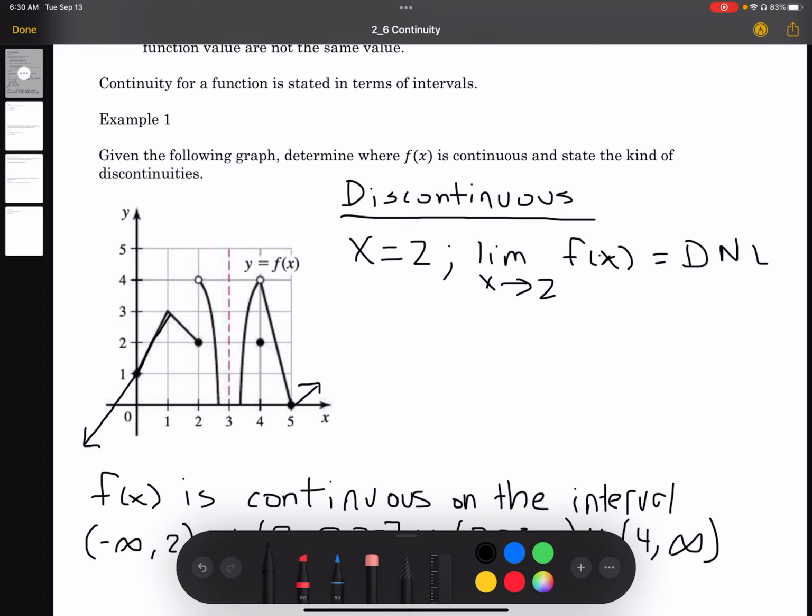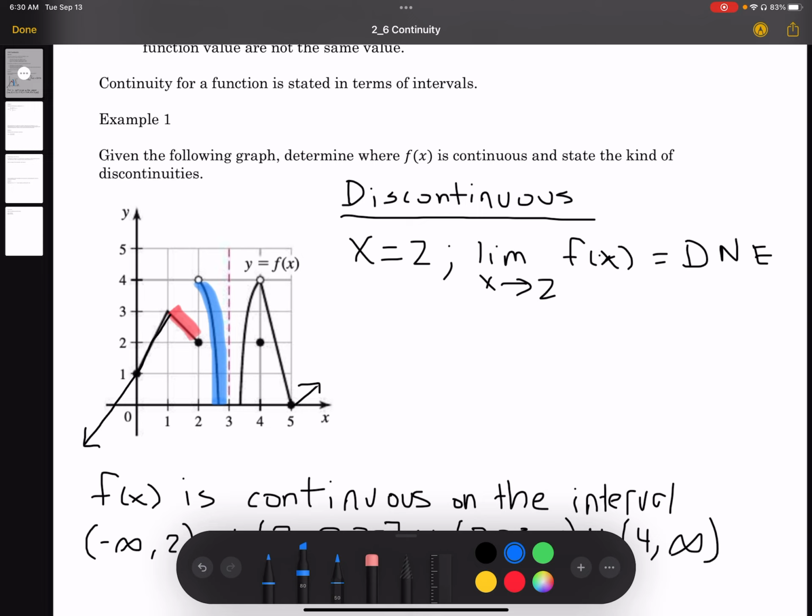So if we go back to our definition of limits, when we approach 2 from the left, we end up at positive 2, but when we approach 2 from the right, we end up at 4. So our left limit and right limit are not equal.